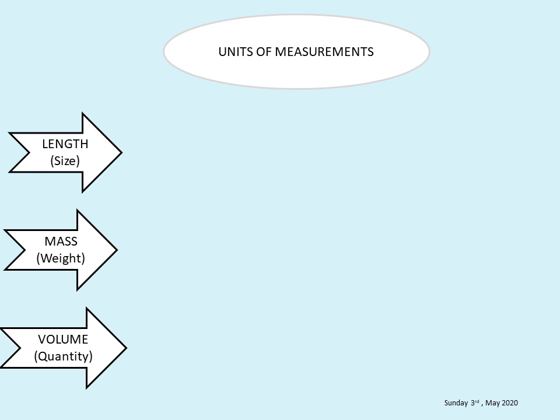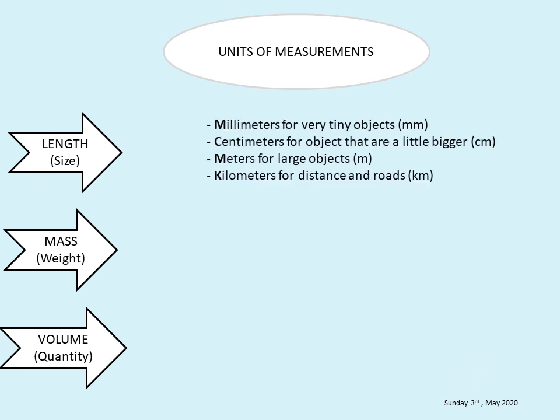Now, what are the units that we always use for length? If you're talking about length, we measure millimeters, very tiny objects, centimeters, a little bit bigger objects, maybe like your pencils, biros, your erasers. Sometimes it depends on how long. Some of them can be measured in millimeters. Meters is for larger objects. The tree in front of your house, daddy's car, the school bus.